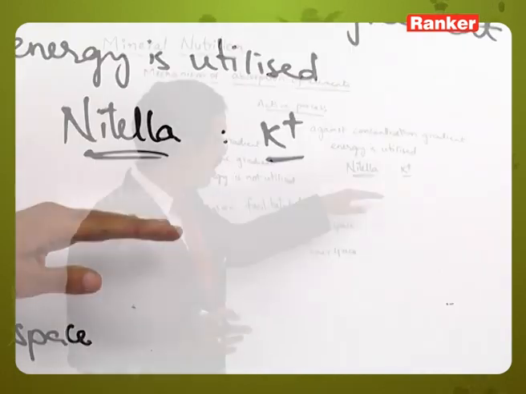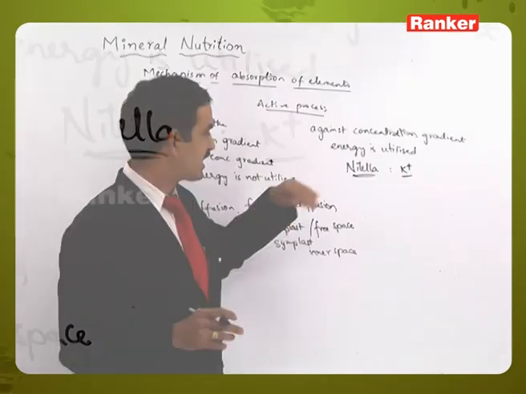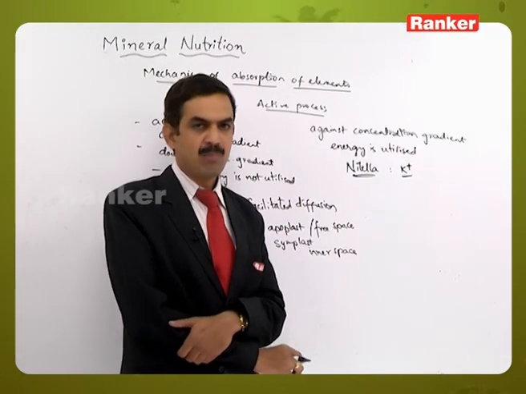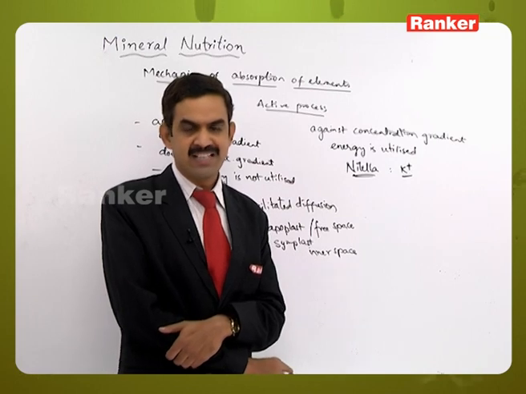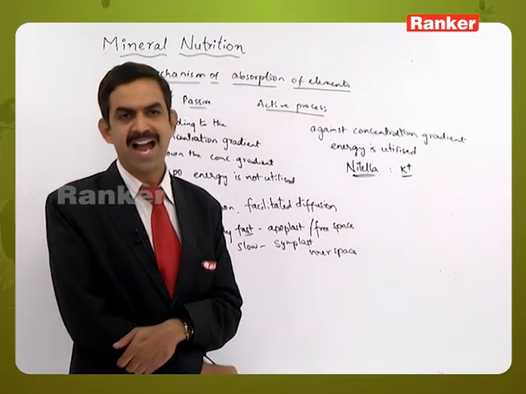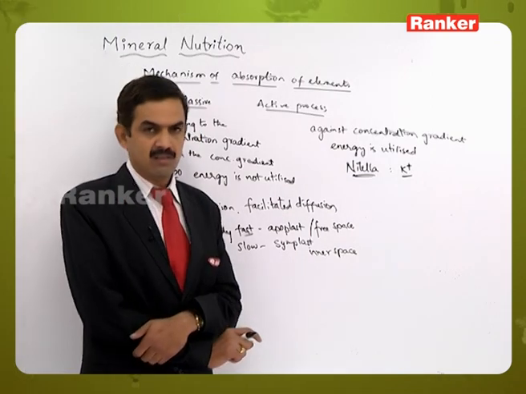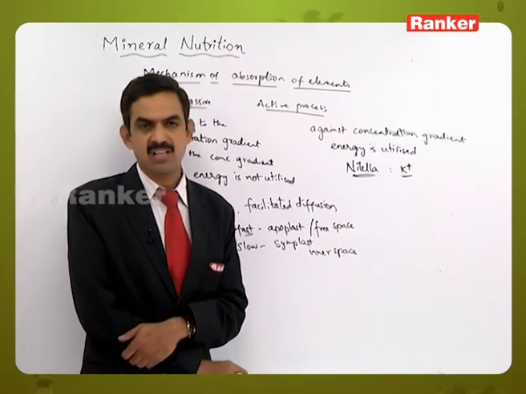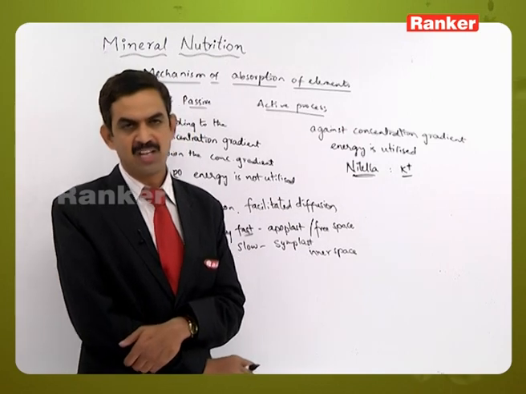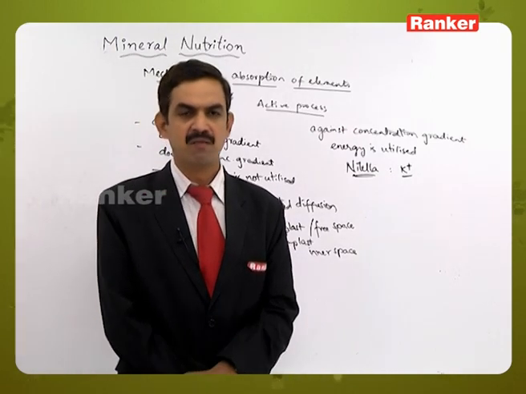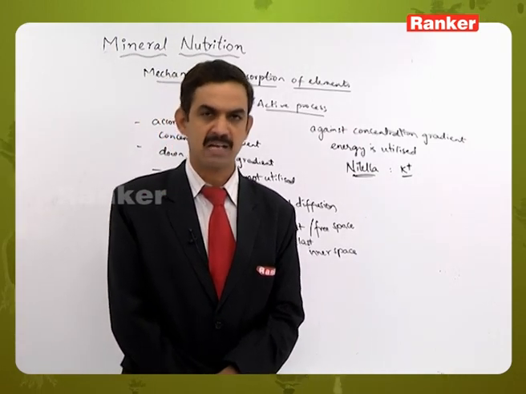So this is how potassium ions move into the Nitella plant against the concentration gradient. This is one example of active transport. In this process, the critical concentration of the ions required for the normal growth and development of the plants is maintained.